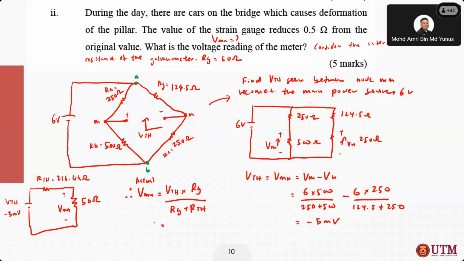And then our VTH is negative 5 millivolt multiplied by 50 divided by 50 plus 216.49, which is equivalent to, so it's around negative 3.76 millivolts.